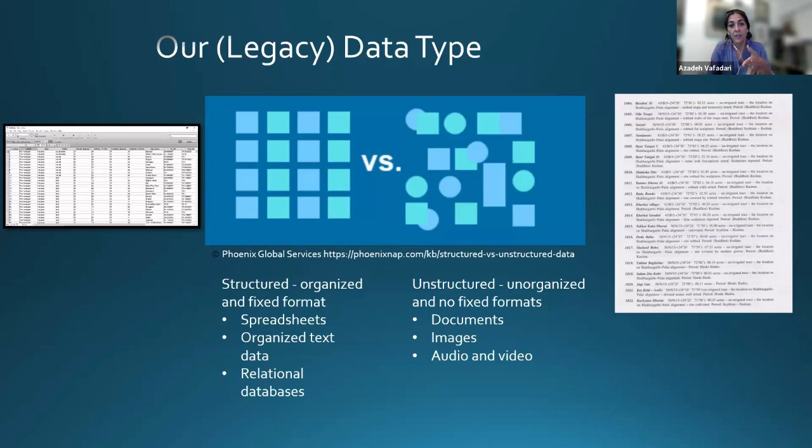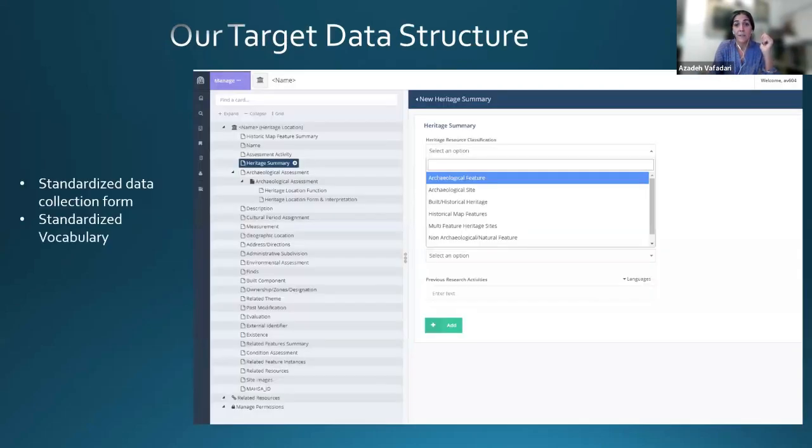And then we're dealing with unstructured data as well, and those are the data coming from documents, the books or site descriptions that we're dealing with, images, maps, and if for your research and projects you're working with audio and videos, they're also part of those unstructured or unorganized data.